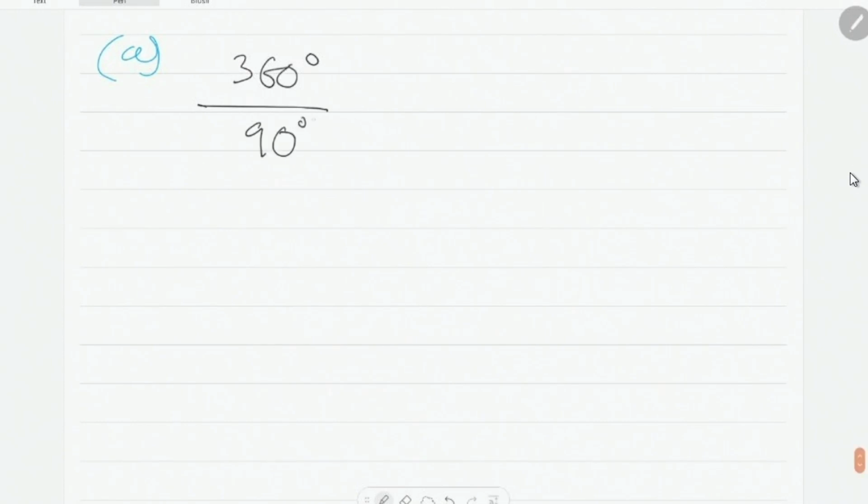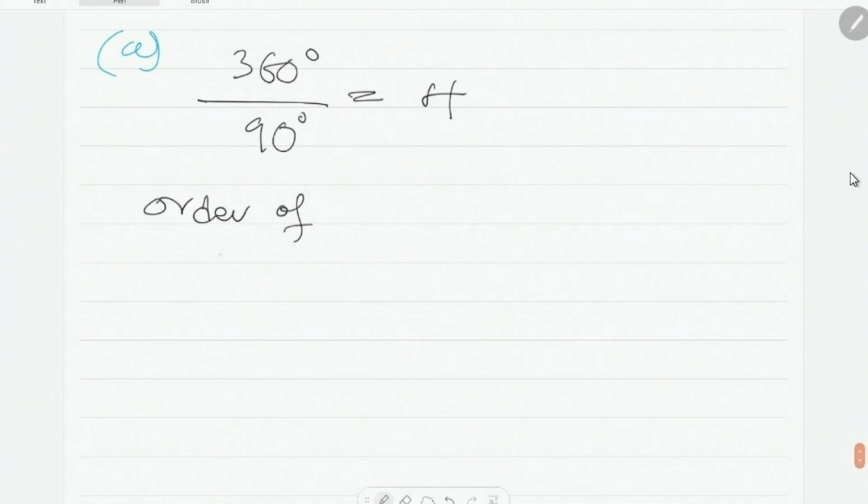All right, so now I need to describe this order of rotational symmetry. We can say this is rotational symmetry of order 4.